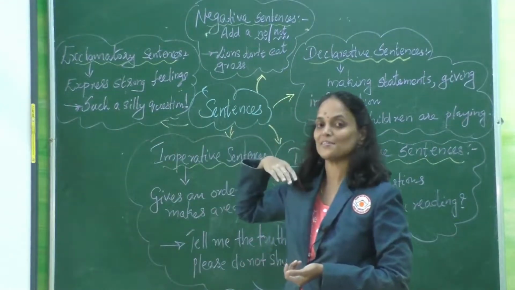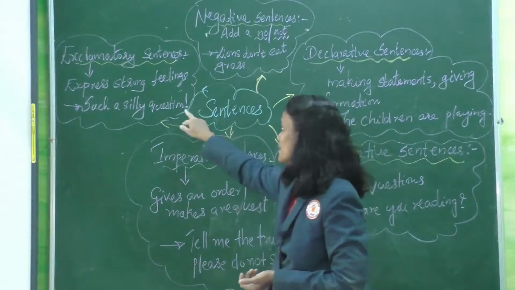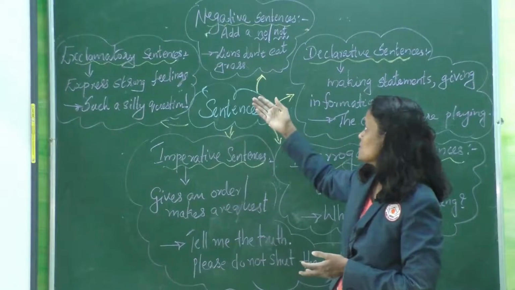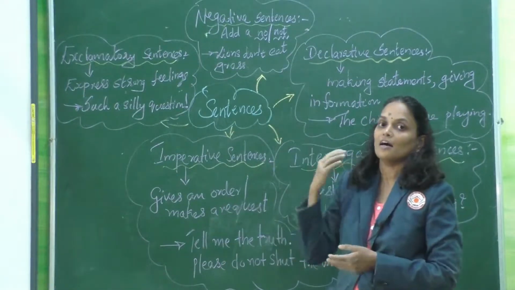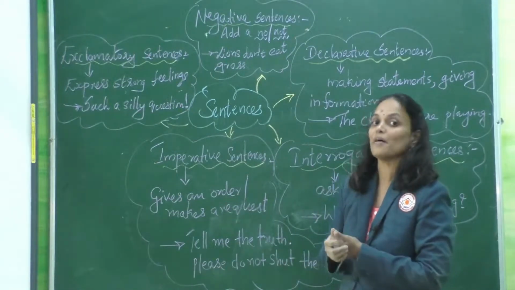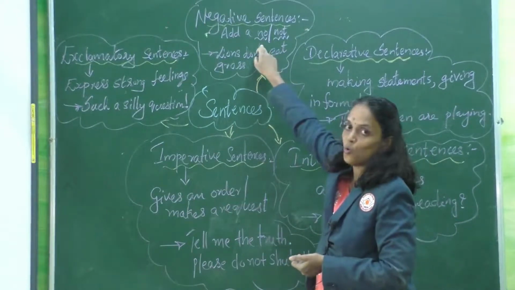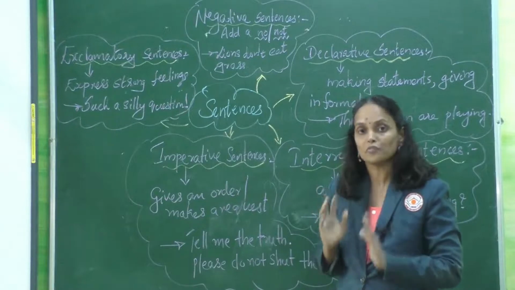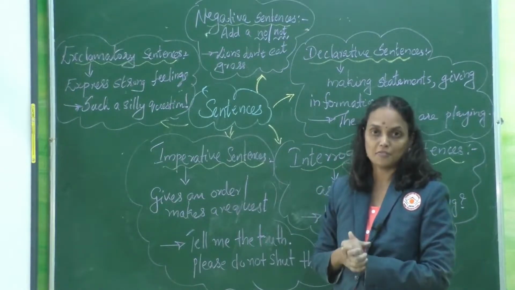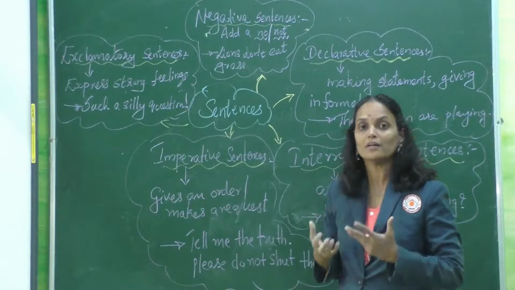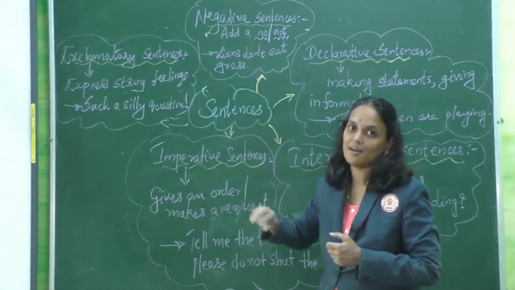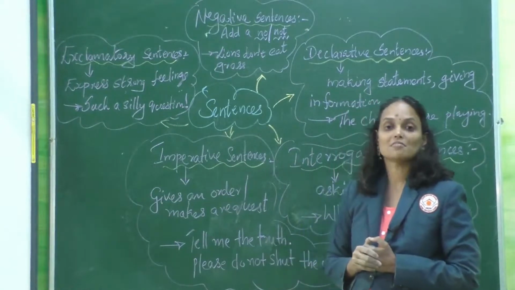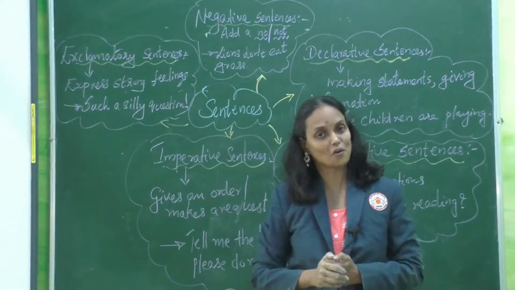Exclamatory sentences end with an exclamation mark. The last one is the negative sentence. How do we frame a negative sentence? By adding no or not. No and not are called negative words. Lions do not eat grass. Negative sentences give us a negative meaning of the context.